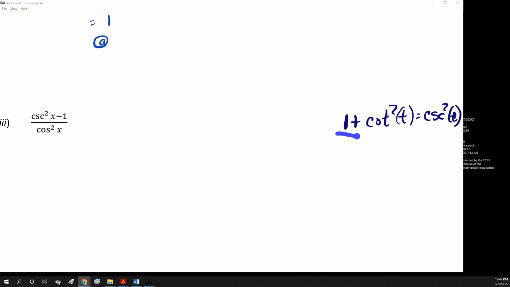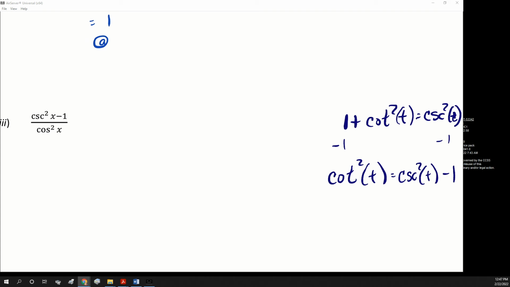So I want to kind of rearrange it, and that's okay. I'm going to rearrange it so it looks like this. So I want to move the 1 on the same side as the cosecant squared. All right, and so that's just like an alternate version of that same identity, and that's perfectly fine.